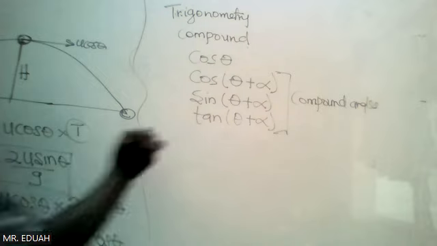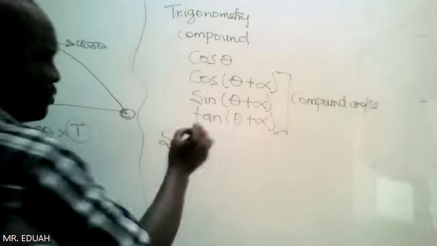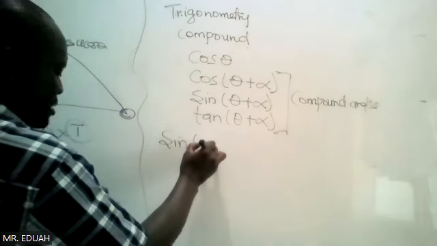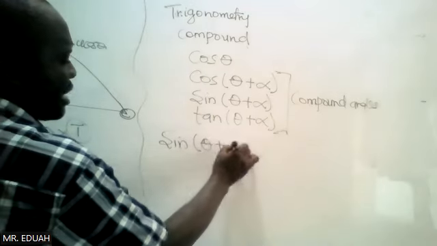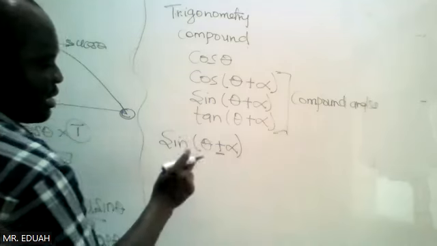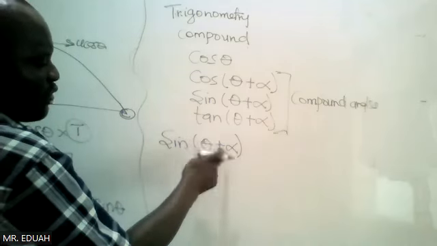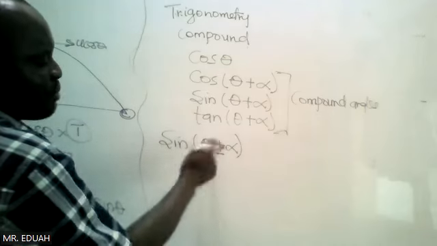Now, if I have sine of a compound angle, the angles are theta and alpha, adding. The operator can be plus or minus.